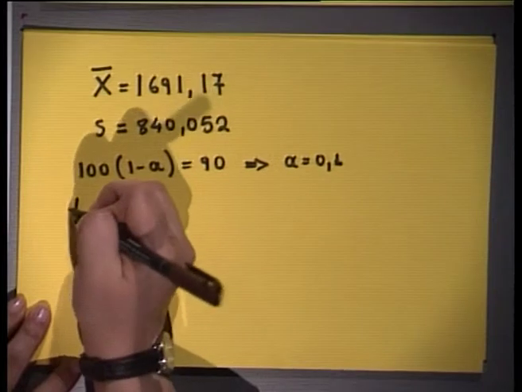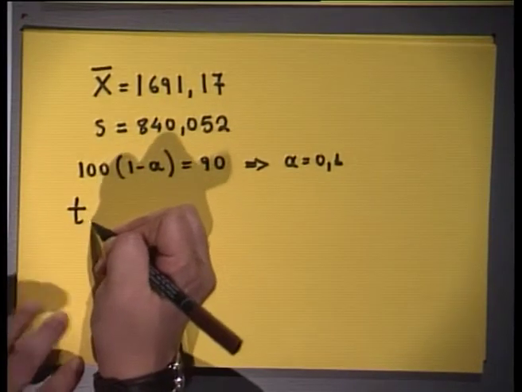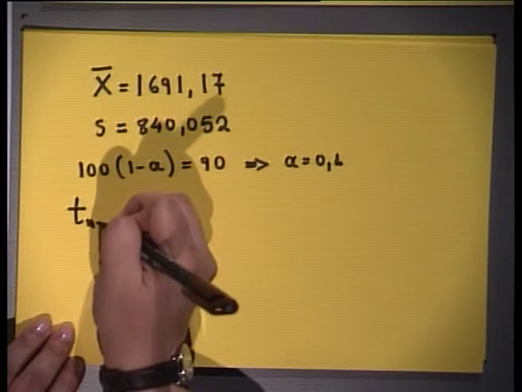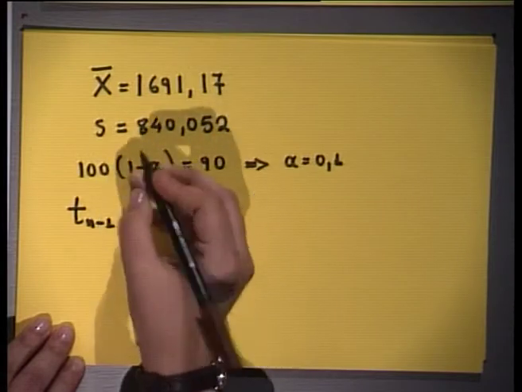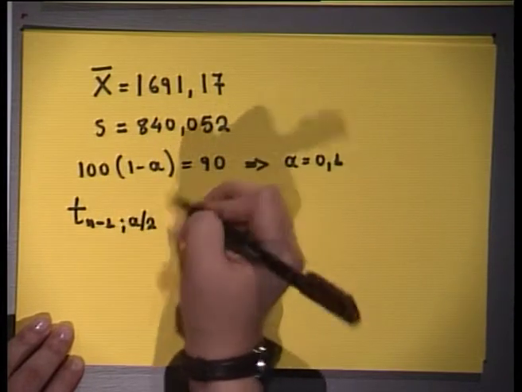So the point of the distribution we are looking for will have n minus 1 degrees of freedom, as before, and a over 2.